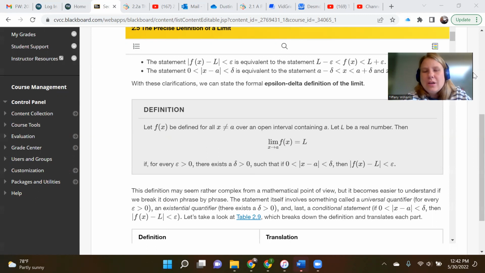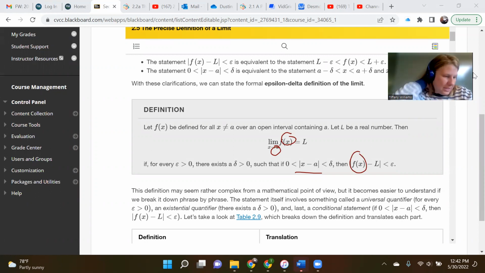In this case, that's why they use x. That's why they got x minus a. The a comes from this a that you're approaching, right? So that's how they're going to get that statement. The L is going to fall into that f of x. So whatever your function is goes here, and so on and so forth.